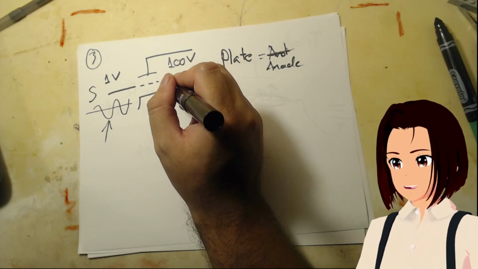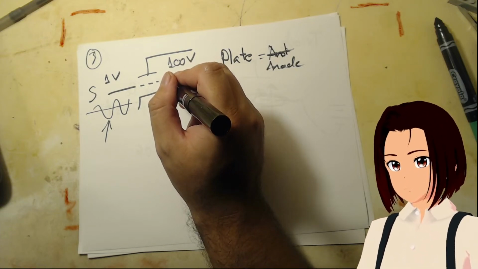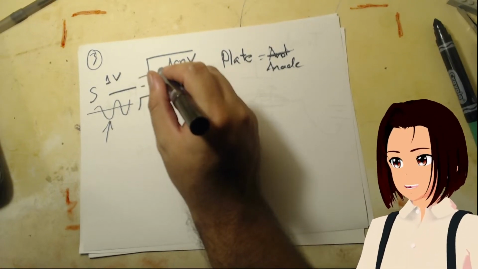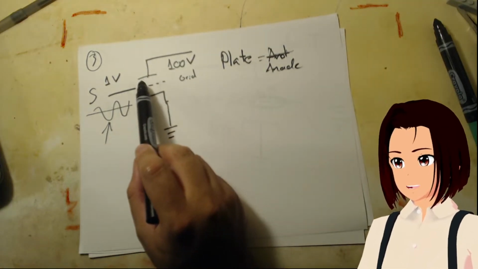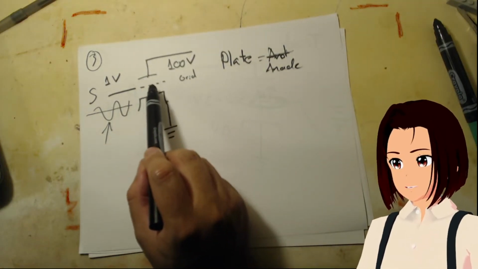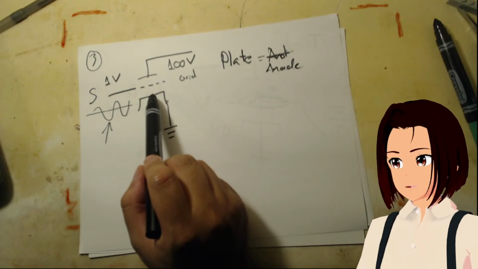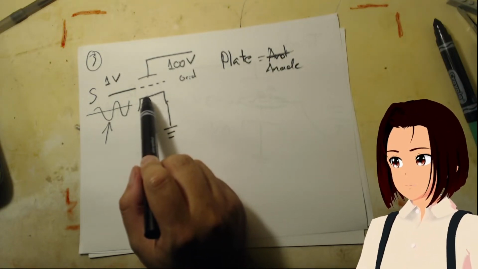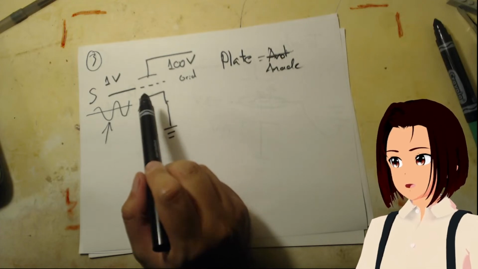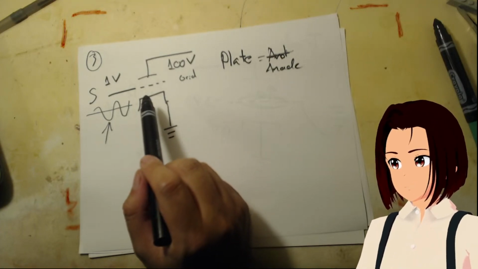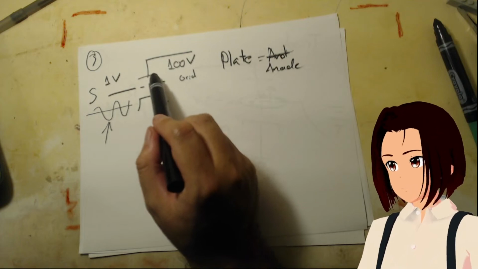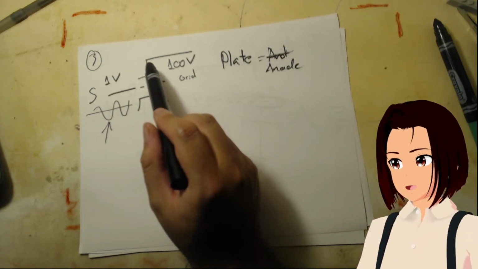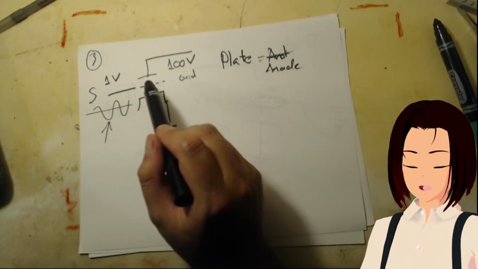And when the grid is negatively charged, electrons do want to go to the plate, but because the grid is negatively charged, they are impeded by the grid. And so what will happen here is that the plate is not getting current flowing.